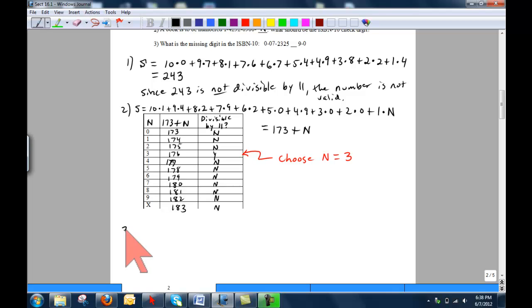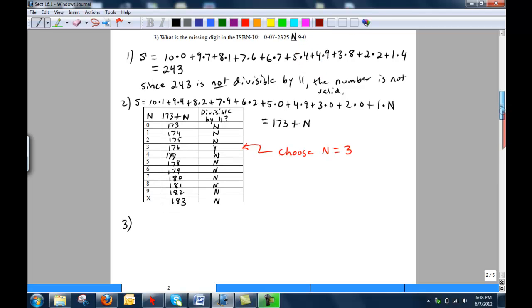Okay, the third question: what is the missing digit in the ISBN 10 number? So again, let's let a variable stand for the missing digit. Say n. Let's go ahead and compute the weighted sum.